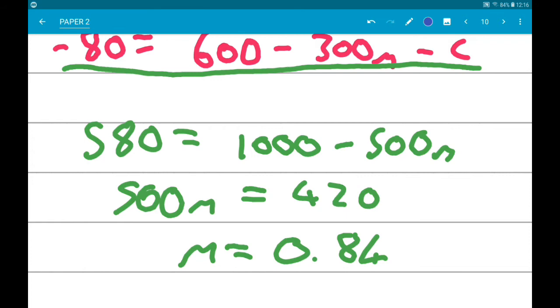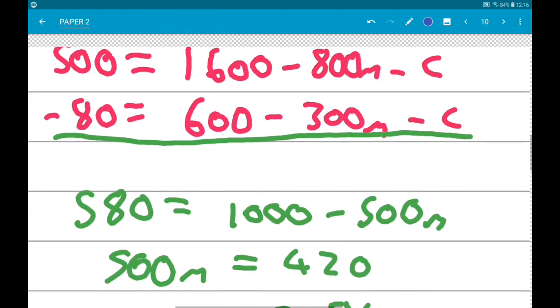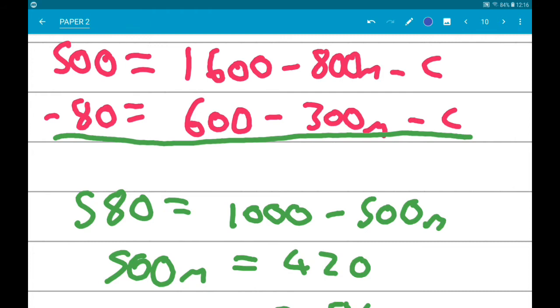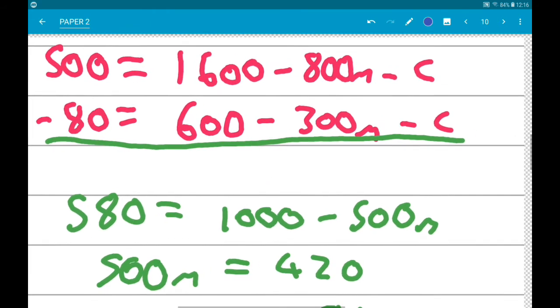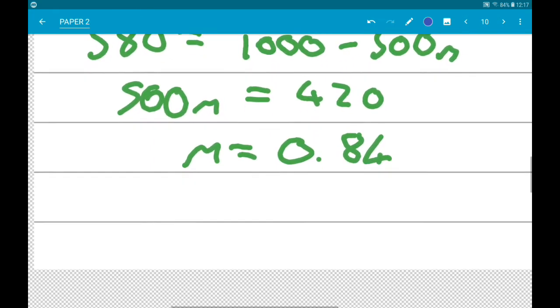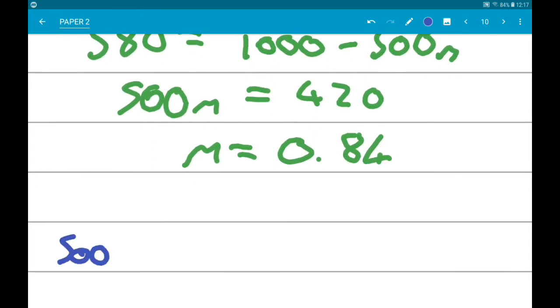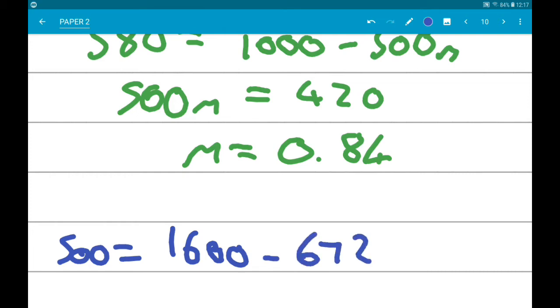Now we're going to use that in one of these equations. So I'm going to put it in the top one. So now we know 500 is 1600 minus 0.84 times 800, so that's 672, minus c.